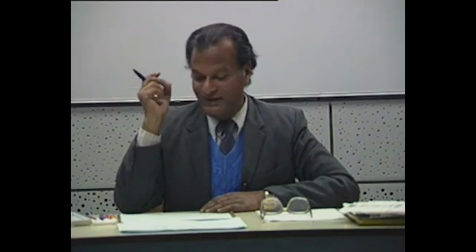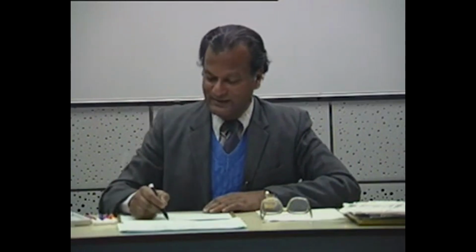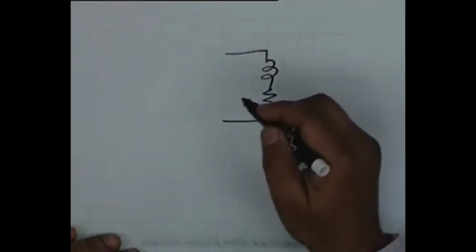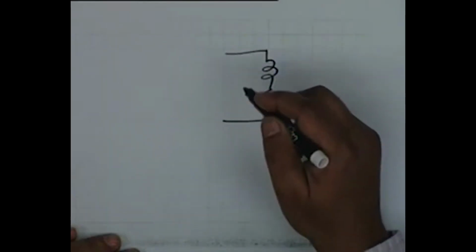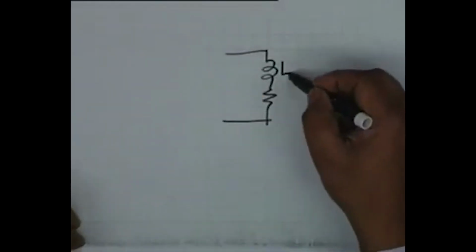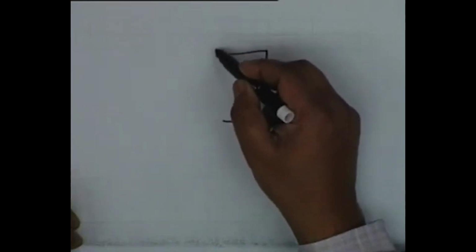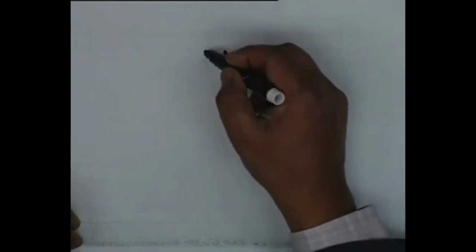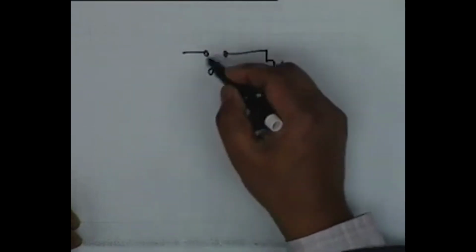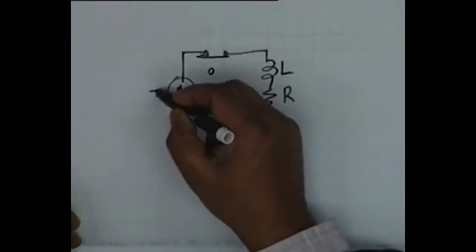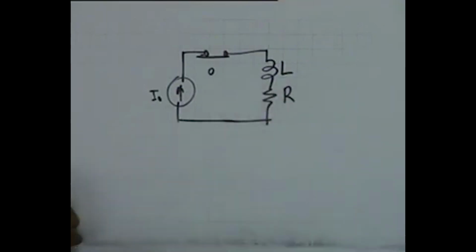And you could have, for example, an inductor in series with a resistor. This is the equivalent circuit of a practical coil. If you wind a coil around a former, this is the practical circuit: an inductor in series with a resistance. And suppose you have a switch here, originally connected here, and there is a current source I0 here.